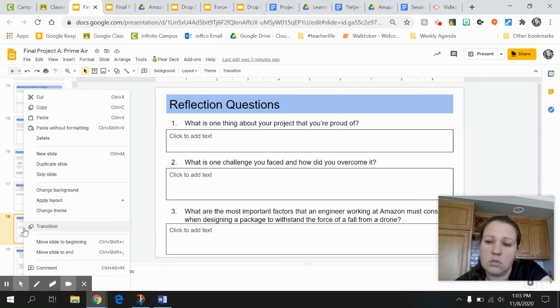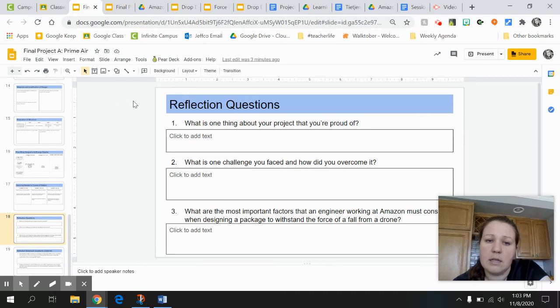And then slide 18 is some reflection questions. All I ask is that you answer these questions in complete sentences and you're thoughtful about it, and you use periods and capital letters. Again, be thoughtful in this reflection because these are questions that really help you think through this process. And when you're given another STEM challenge, what are things you want to keep in mind?